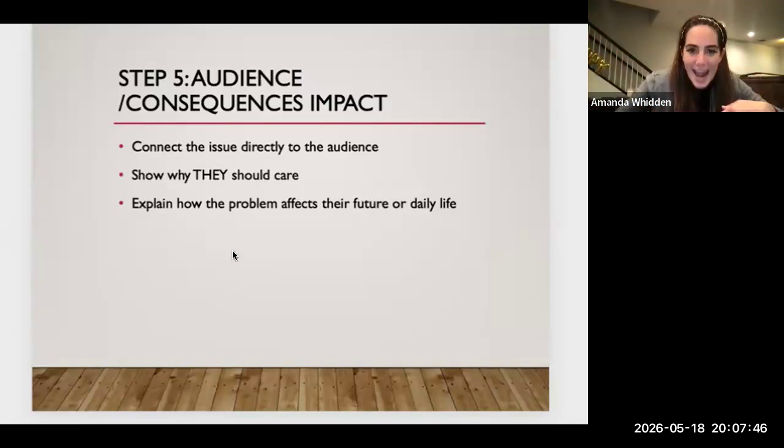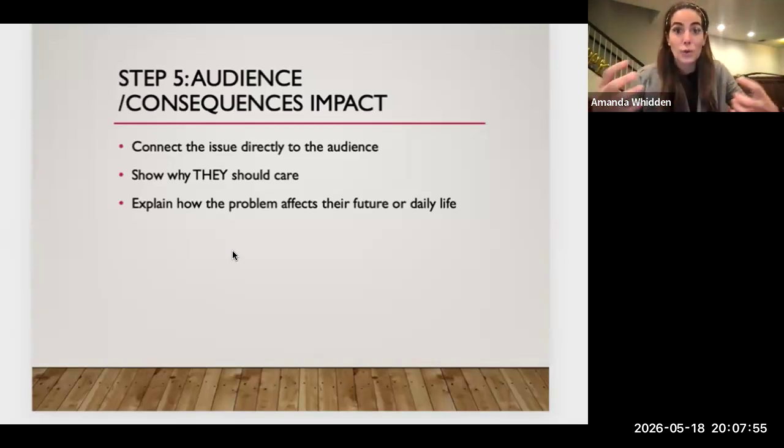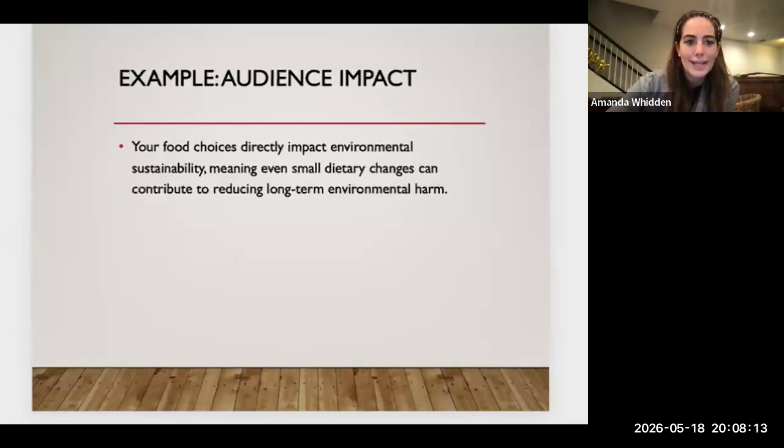But for right now, this step of your audience's impact is really where, okay, so why does this matter to you? How is this going to impact you? Why in the world should you care? You can explain how these problems will affect their future or their daily life or their future family's life, however that looks. But the audience should understand why the problem matters to them directly.